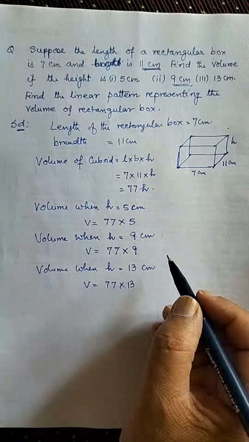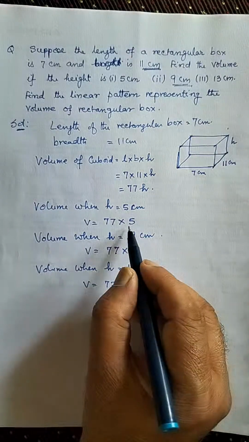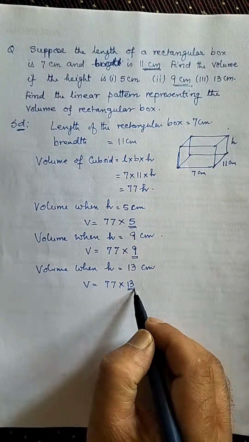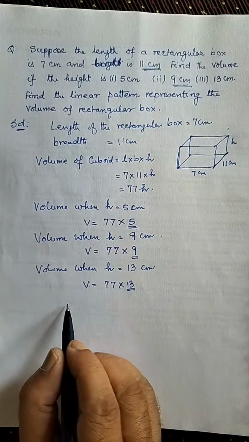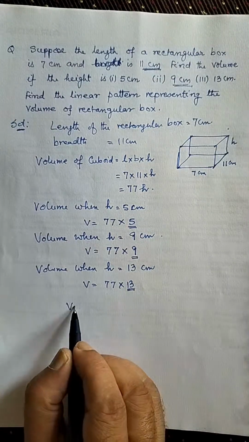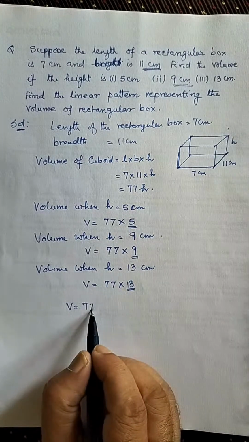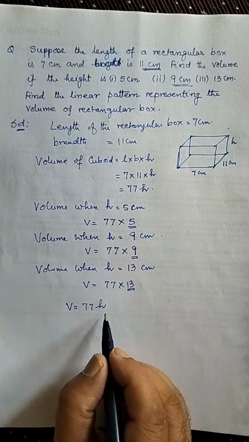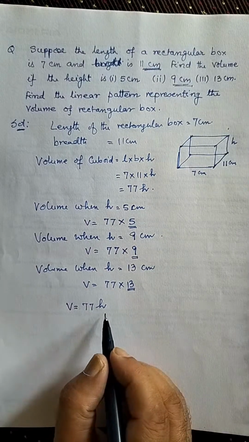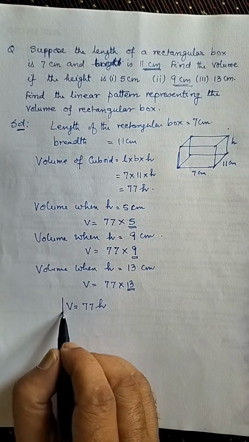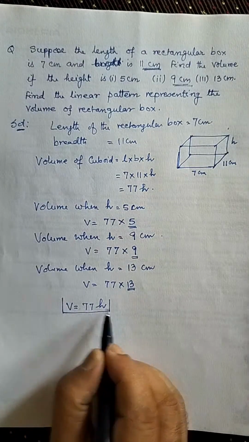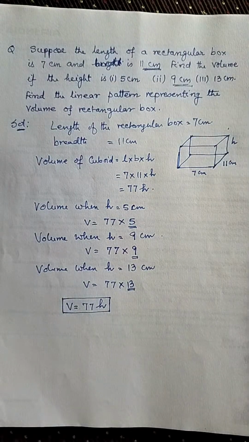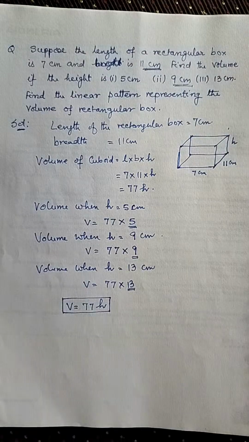So by this we come to know that every time this part is varying, so this is a variable, so the required linear expression in this case we can put it as V equals 77h, right, where h is varying constantly. So this is the required linear expression in this case to represent the volume of a rectangular box.